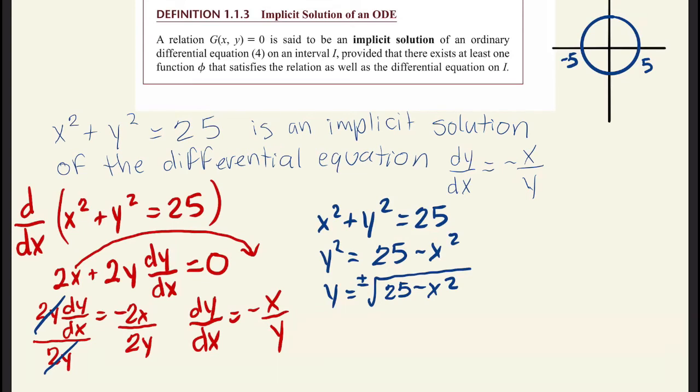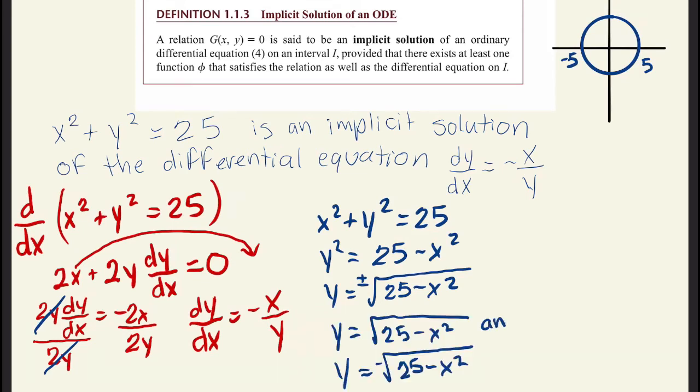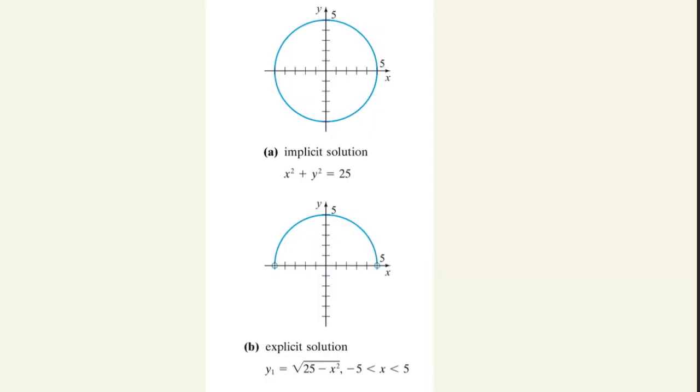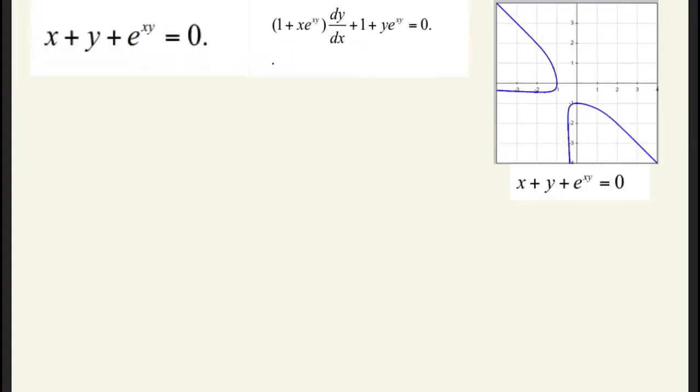Both functions satisfy the relation of x to the 2 plus y to the 2 equals 25, which means they are explicit solutions defined on the interval negative 5 to 5. And x to the 2 plus y to the 2 equals 25 is an implicit solution.